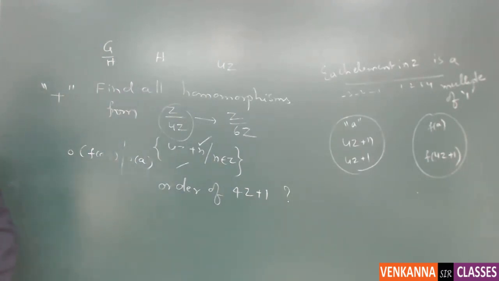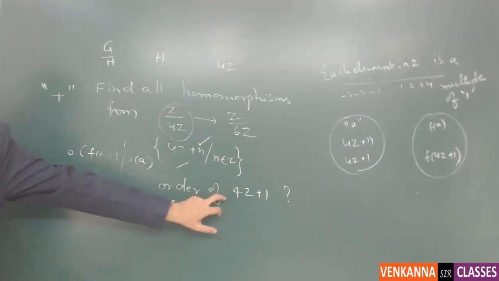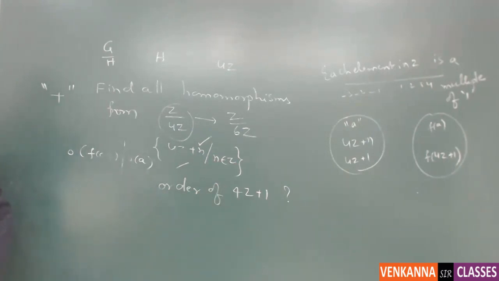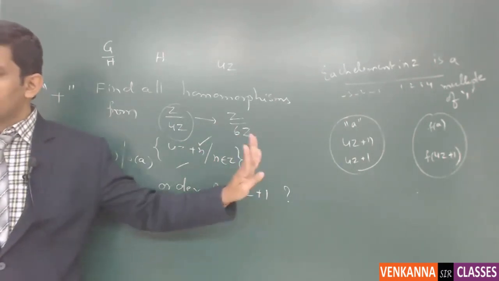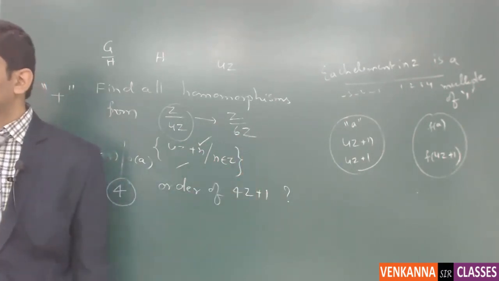What is the order of 4Z + 1 here? Four. Because if you add 4Z + 1 four times, you will get 4Z.